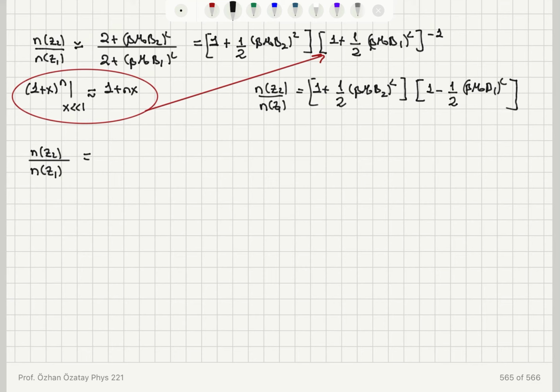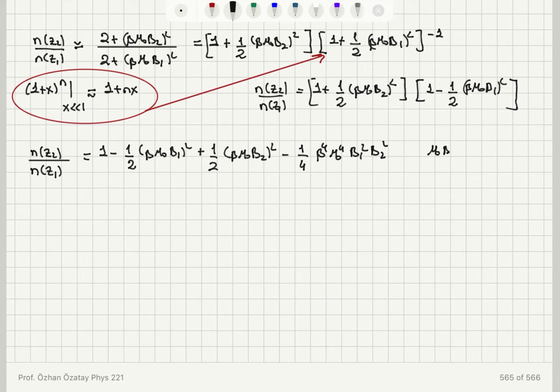I will have the first term 1 plus, so let's see, 1 minus 1 over 2 beta mu 0 b1 squared plus 1 over 2 beta mu 0 b2 squared, and then I will have minus 1 over 4 beta to the fourth power mu 0 to the fourth power b1 squared b2 squared.